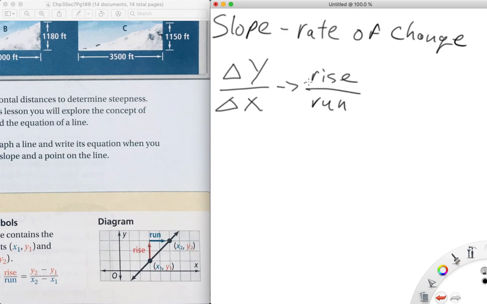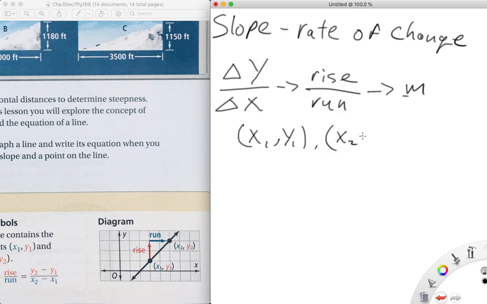How does the rise or the y change over the x or the run? And we usually give it a symbol, the lowercase m. This means slope. And for the slope equation, you need two ordered pairs. If you have an x, we call it x1, and a y1, that just means the first x and the first y.